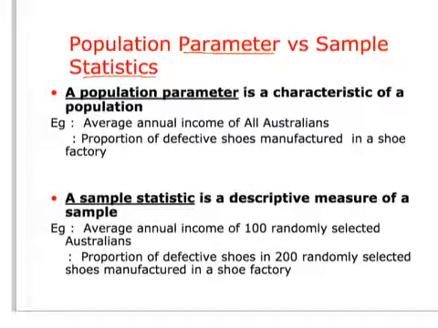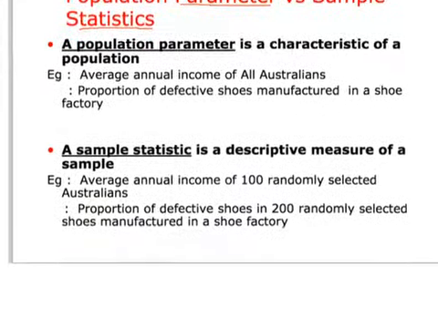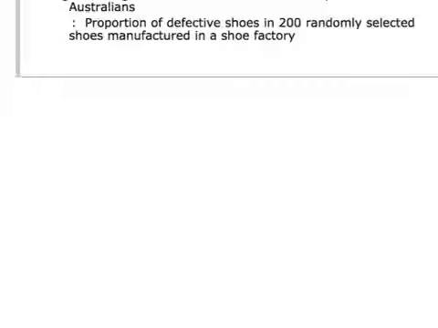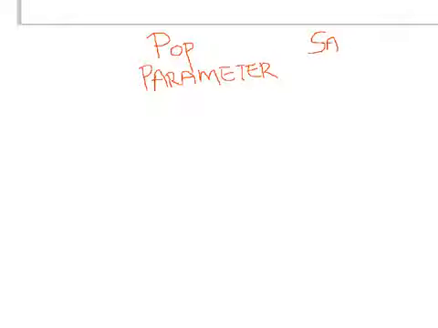So first thing first, can you copy this information? So we have what we call population parameter and sample statistics.